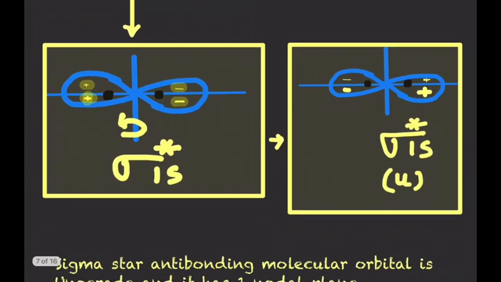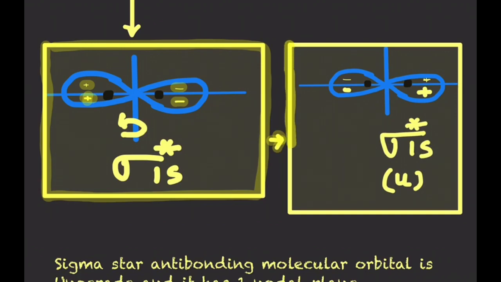Now again we are taking a plane which is perpendicular to the plane of paper. About this plane, I am rotating this whole plane by 180 degrees. On rotating by 180 degrees perpendicular to the plane, the left hand side lobe will come on the right. So now there are 2 lobes.